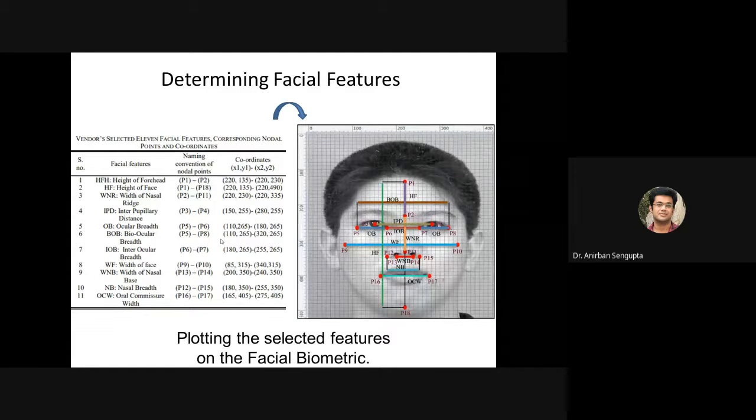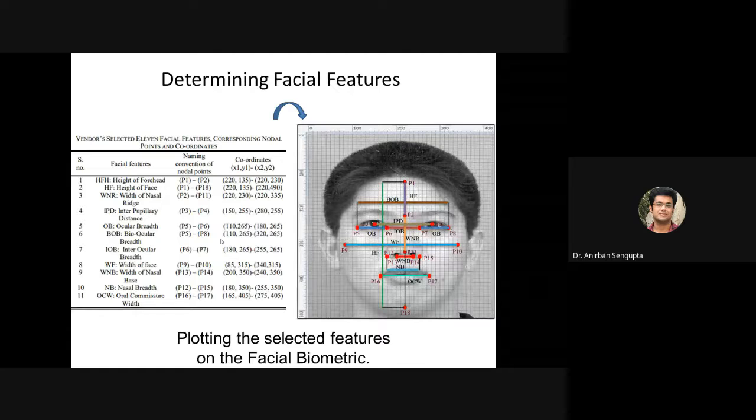So for example, the 11 features that were chosen as part of devising this technique were the height of the forehead, which is the dimension between P1 and P2, the height of the face, which is between P1 and P18, the width of the nasal ridge, which is between P2 and P11, interpupillary distance, which is between P3 and P4, ocular breadth, which is between P5 and P6, biocular breadth, which is between P5 and P8, and then we have intraocular breadth, width of the face, width of the nasal base, nasal breadth, and oral commissure width.